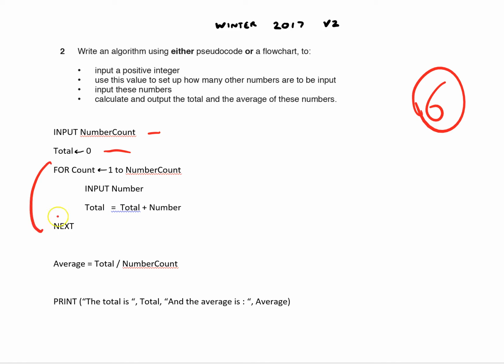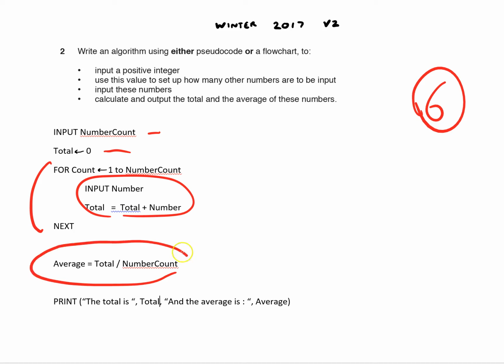Having a for loop should get you a mark. Having the calculation, the running total, should also get you a mark, and then calculating the average, and then having a suitable output message. So there's a number of ways you could actually get your 6 marks in this question.